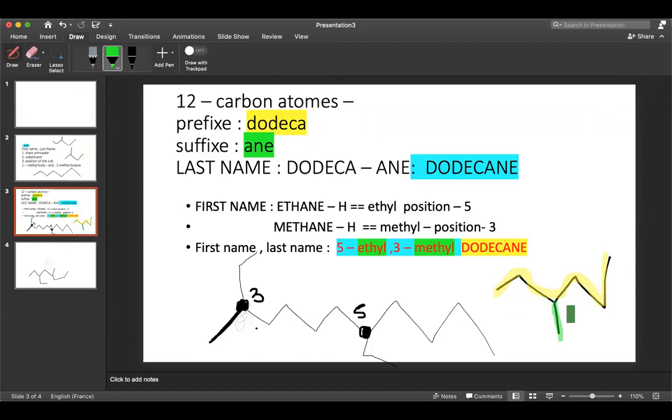Now, which one is going to be short? Starting from this side, 1, 2, 3, or 1, 2, 3, 4. Which one is going to be the shortest route? Is it this one on my right or this one on my left?